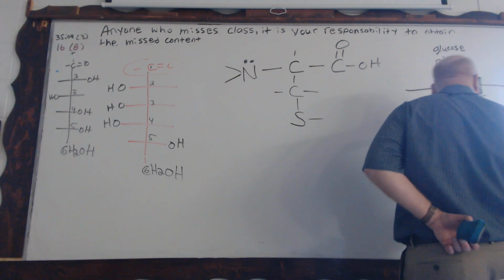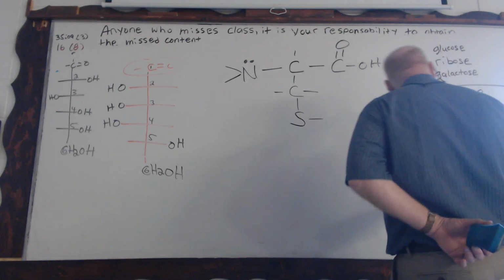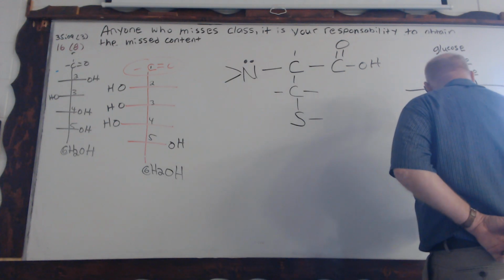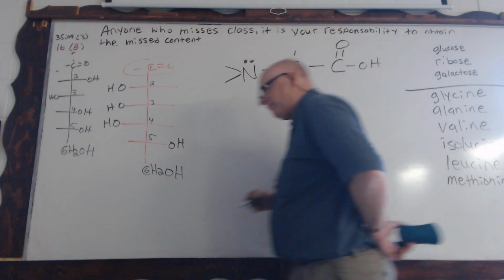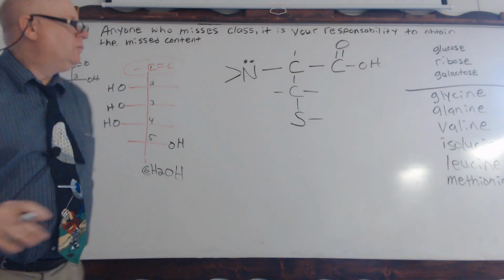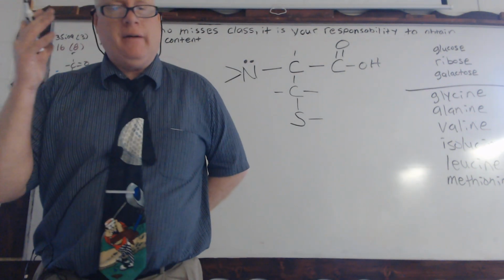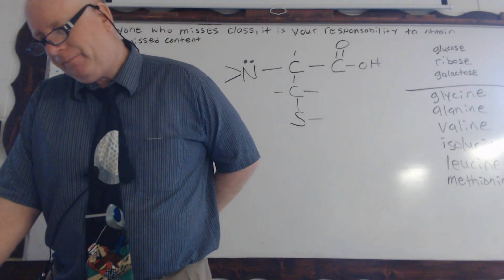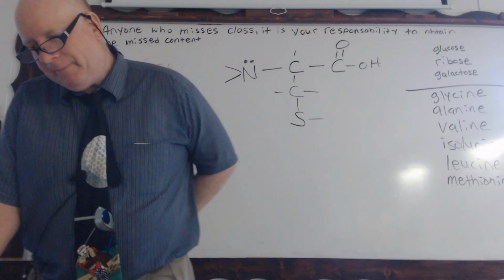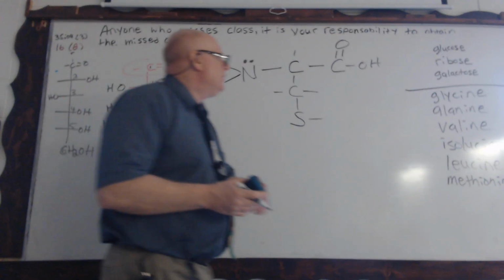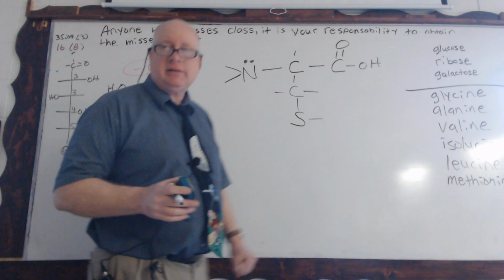And then this one, methionine. So what you're doing then is all of them have a very, very similar parent molecule. So then as you're looking at that, which amino acid in this group do you also see on page 756?